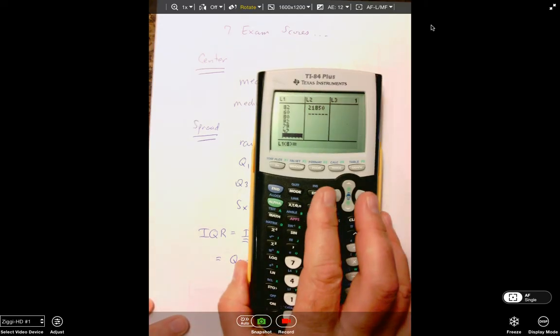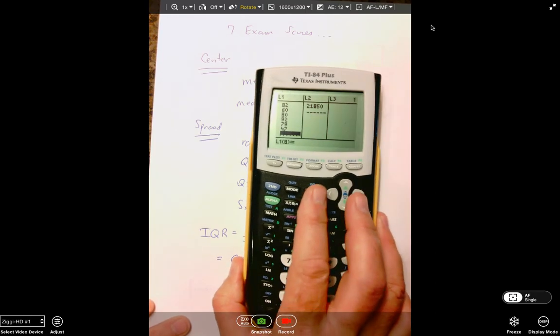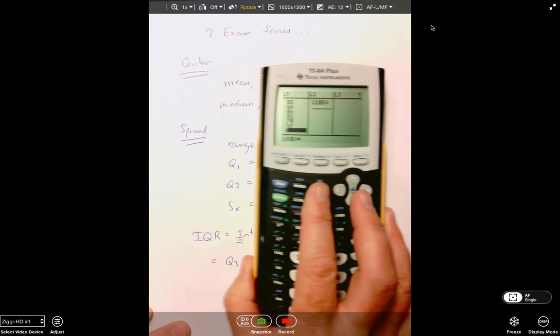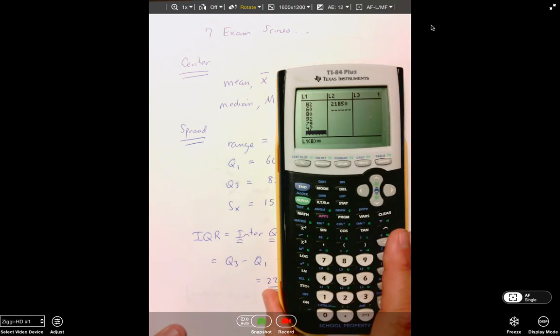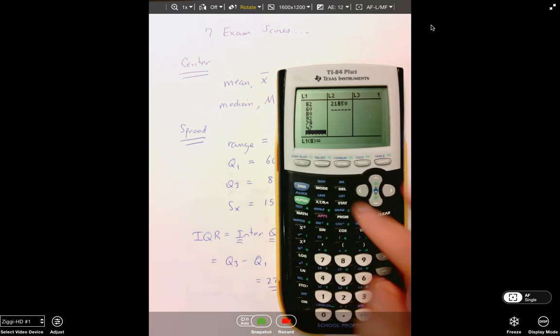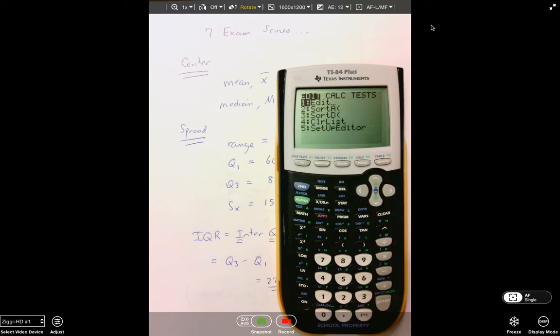If you have this type of calculator, so I've entered my data into L1, okay? And the next thing I would do is hit Stat, just like before. And then I would come over to Calc, and I would hit Enter, but something different would happen. What would happen with this calculator, this operating system, is it will put one variable stats back into the home screen.